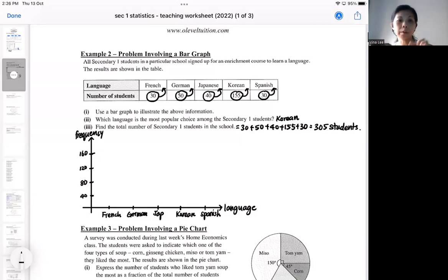You have to measure the interval. So for the French part, I have 30. I think the 30 will be somewhere here. So you draw a regular interval.